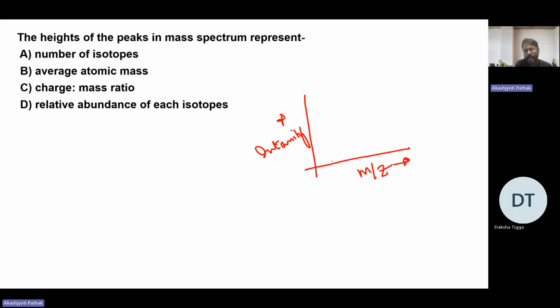The higher the number of ions, the larger will be the size of the peak. So that is why it will correspond to the relative abundance of each isotope. The answer is option D.